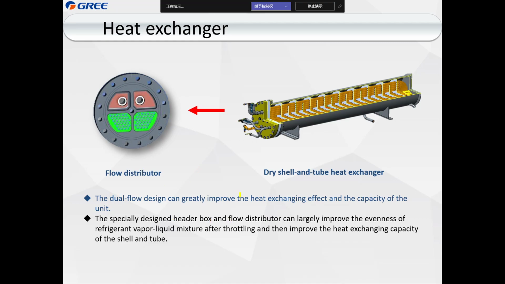The specially designed header box and the flow distributor can largely improve the evenness of the refrigerant vapor-liquid mixture after throttling.